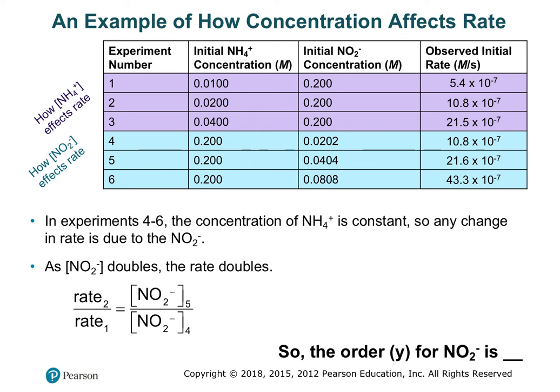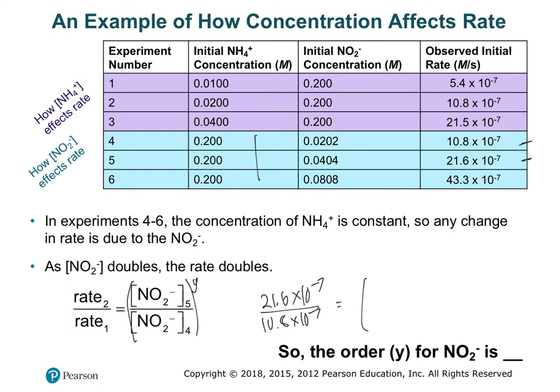So now ammonium is staying constant, and when we do our rates, we'll have our nitrites to the Y. We'll do experiments 5 over 4. So we have rate 5, which is 21.6 times 10 to the negative 7, divided by 10.8 times 10 to the negative 7.